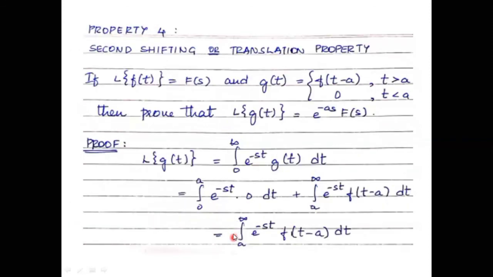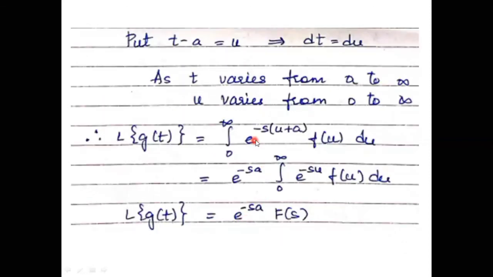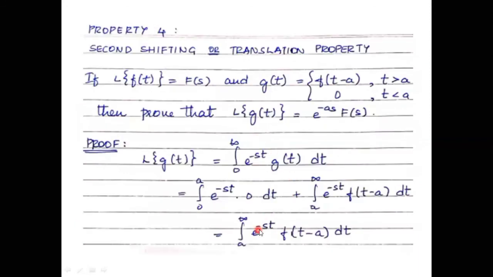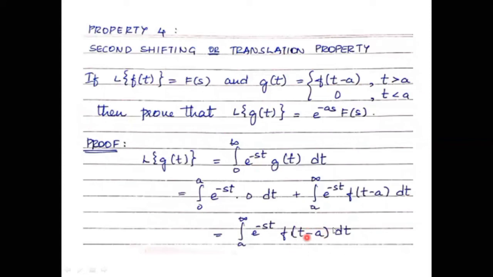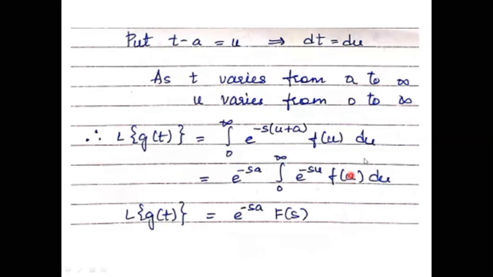So this becomes integral 0 to infinity, and here e power minus s t, where t is a plus u. So it is e power minus s into a plus u, f of u, because we have taken t minus a as u, and dt is just du. This can be written using the law of indices as e power minus su into e power minus sa.